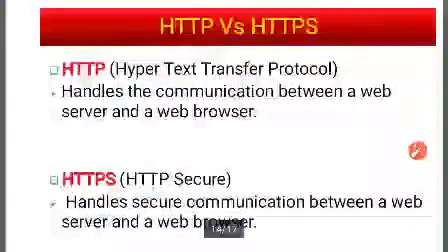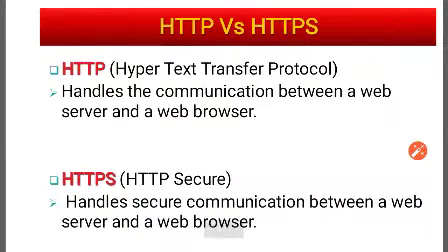Now let us see the difference between HTTP and HTTPS. Nowadays HTTPS is very important over HTTP. HTTP, as we have just understood, is the hypertext transfer protocol, with a lot of features and how it works. Basically, it handles the communication between a web server and a web browser. The web browser is nothing but the client, your web client.